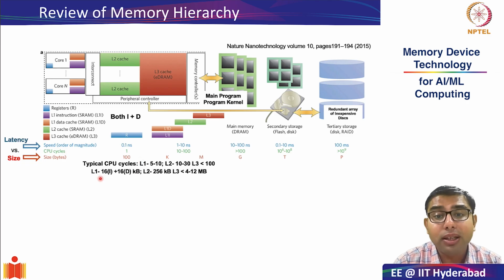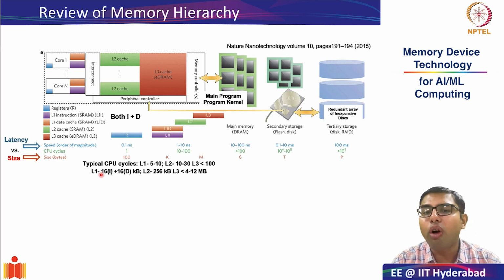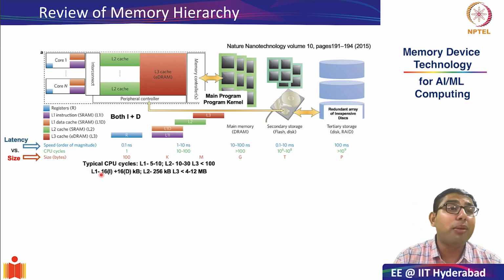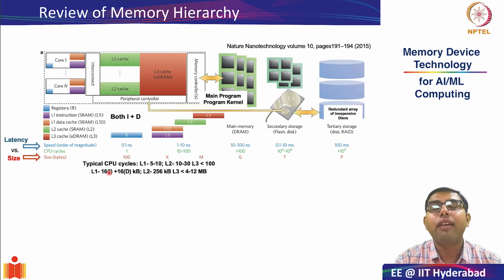Now, there is a big difference in the size of L1, L2 and L3 caches, where L1 caches, both instruction and data, are in the order of a few KBs, because they are most expensive to fabricate. So you need to limit the amount of the footprint. So they have only around 16 KB of L1 caches, both instruction and data.